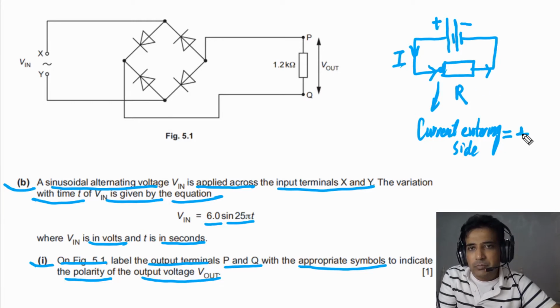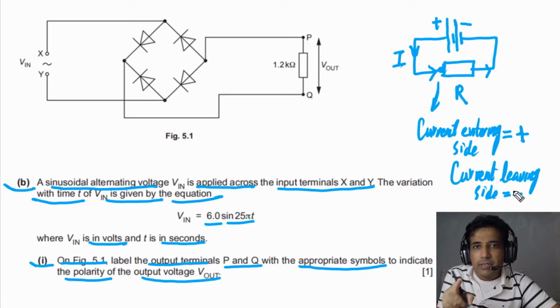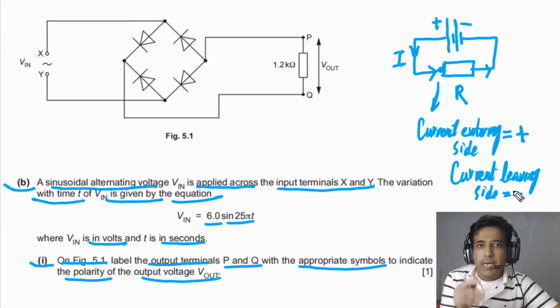So we will mark this side positive, and the current leaving side, we can write here, current leaving side, and that one is connected with the negative terminal of the battery, and we will use this understanding to mark the polarity of this resistor, meaning the polarity of the output.